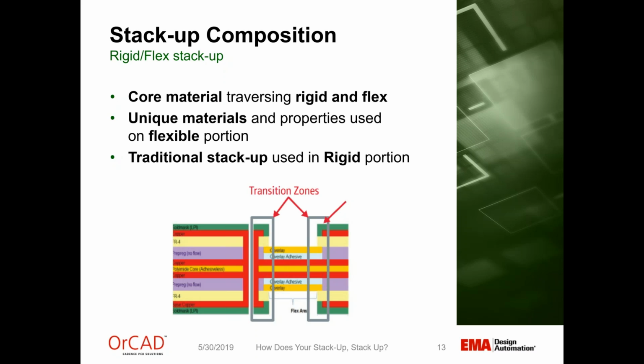So that's the goal of having the rigid and the flex together. We're not going to spend a ton of time in this webinar talking about rigid flex boards. We did another webinar on that in the past, and you can refer to that one for a more detailed look at rigid flex.